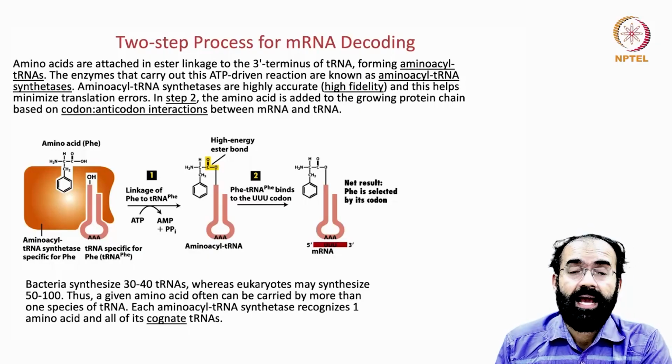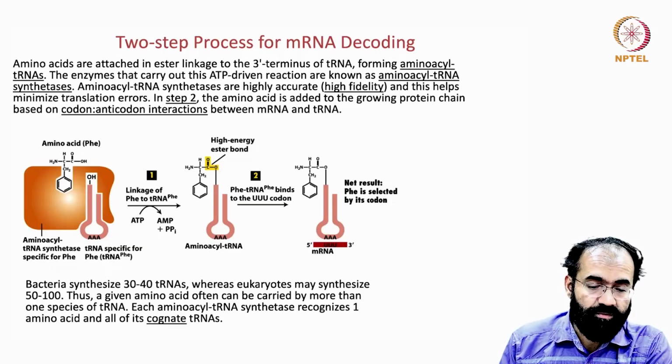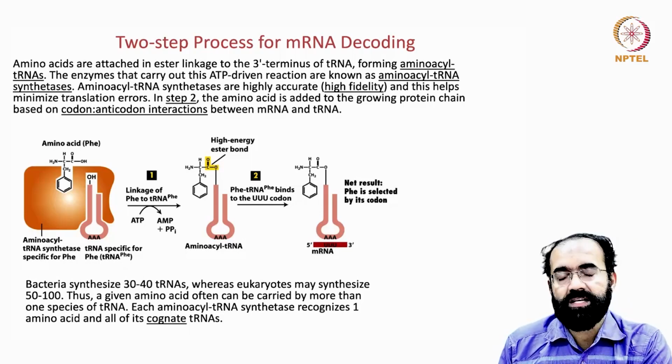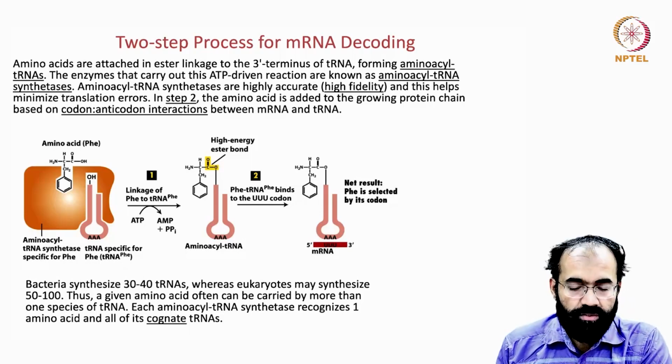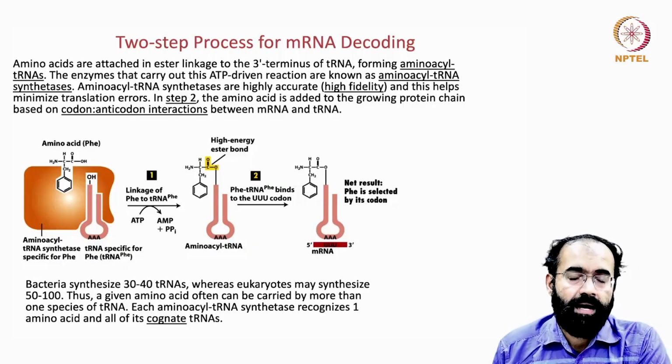Bacteria synthesize around 30 to 40 tRNAs, whereas eukaryotes synthesize around 50 to 100. Thus, a given amino acid often can be carried by more than one species of tRNA. Each aminoacyl tRNA synthetase recognizes one amino acid and all of its cognate tRNAs. Say, for example, let us talk about the aminoacyl tRNA synthetase of arginine.